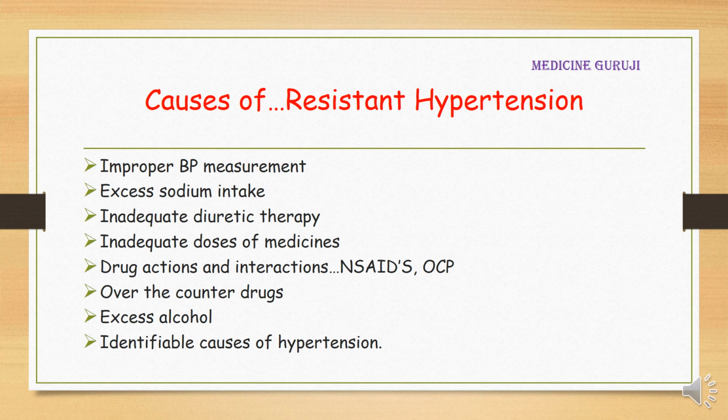He or she is taking excess alcohol, and identifiable causes of hypertension. Very important to remember is improper BP measurement, excess sodium intake, females जो contraceptive pill खा रही हैं, NSAID, contraceptives में mainly hormonal contraceptives, and over the counter drugs.